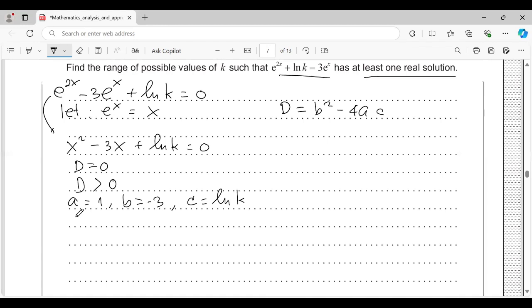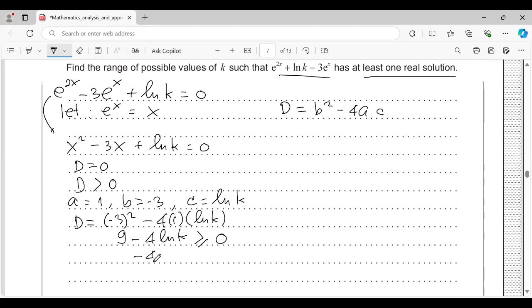That means d equals minus 3 squared minus 4 multiplied by 1 multiplied by ln k, and it is 9 minus 4 ln k. So based on this requirement, d should be greater than or equal to 0.